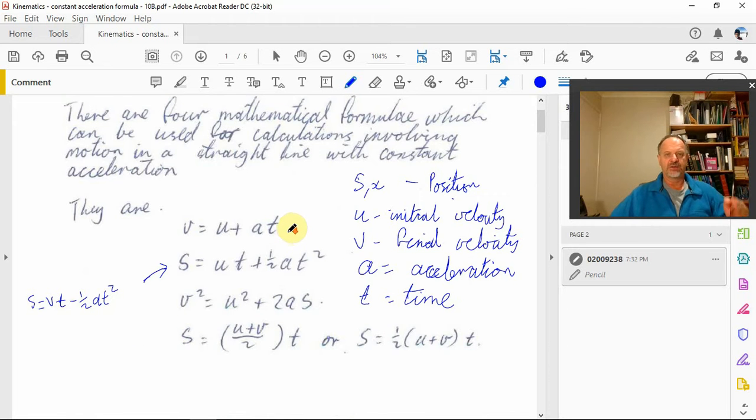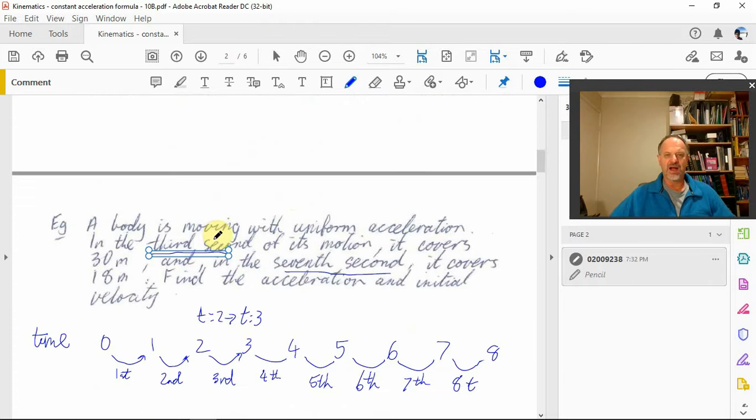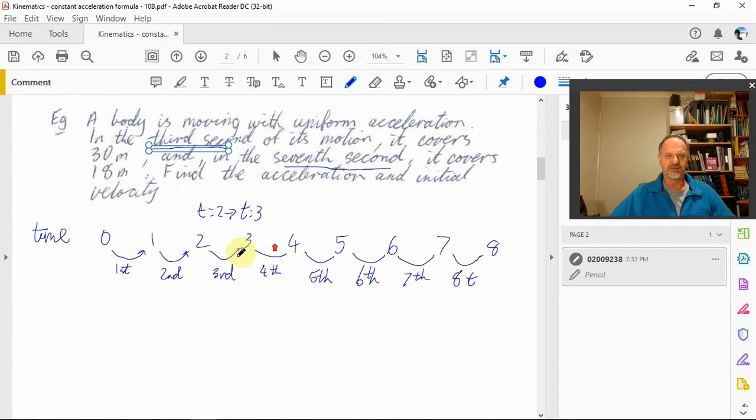So we can't just put t equals 1 and say that it's 30. What we need to actually do is say that the distance travelled in the third second is the distance it travels in 3 seconds minus the distance it travels in 2.